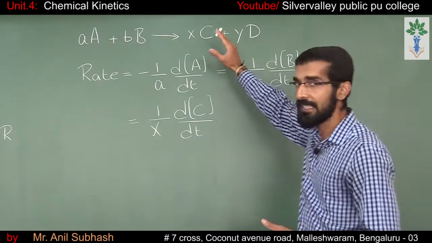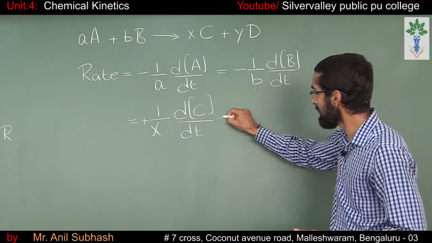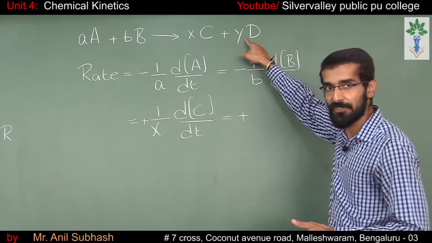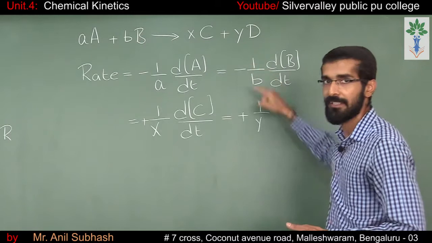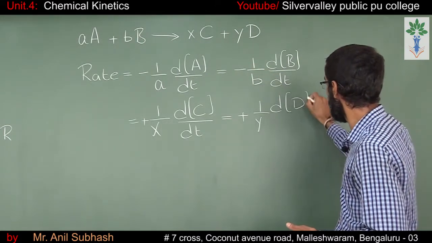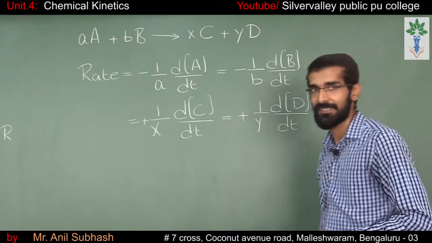Since C is the product, you will have a positive sign here, equal to plus 1 by Y, which signifies that D is also a product, where Y is taken as the reciprocal, times the change in the concentration of D in a small interval of time dt.